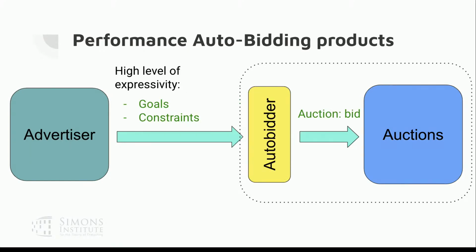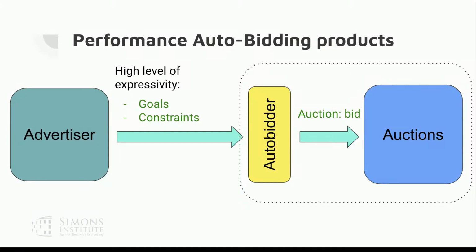In auto bidding, there's an auto bidding layer in between the advertiser and the auction platform. The advertiser sends to the auto bidder some very high level goals and constraints instead of this very detailed bid table. And it's the auto bidder's job to convert those goals and constraints into the per auction bid, at auction time.